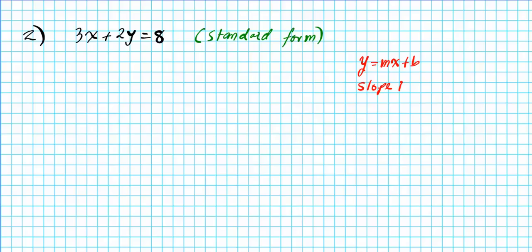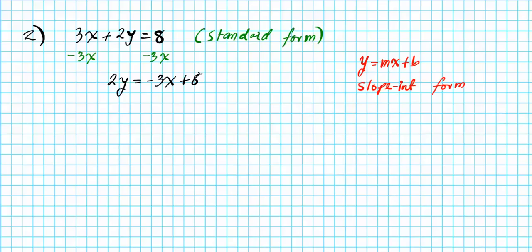So what we're going to do is get y isolated because that's the form here. All right. We can accomplish that with two steps. Subtract 3x, divided by 2. Let's go ahead and do that. Subtract 3x from both sides. And then that yields 2y equals negative 3x plus 8.